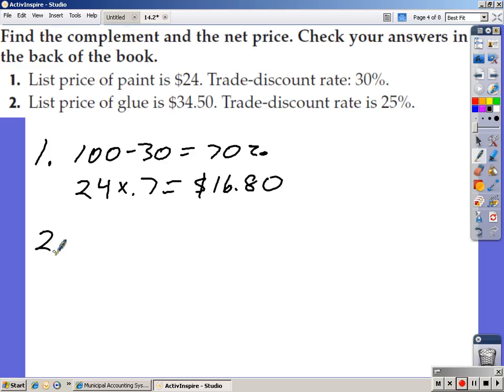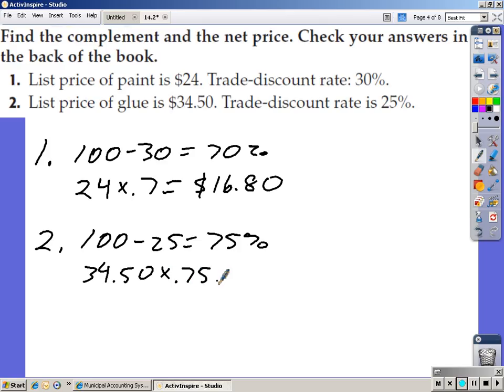Okay, number 2, it's 100 minus 25, 75%. 34.50 times 0.75 is $25.88. Okay? All right.